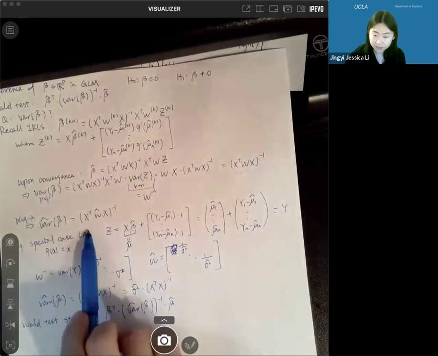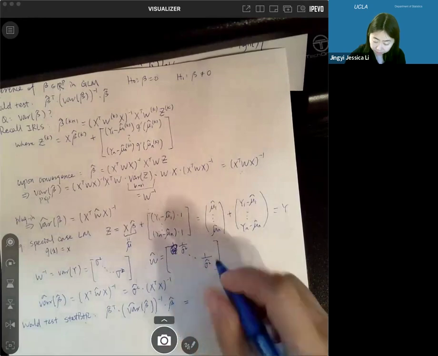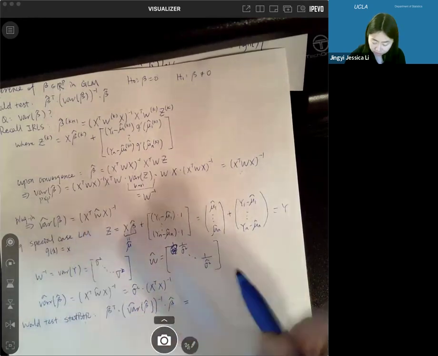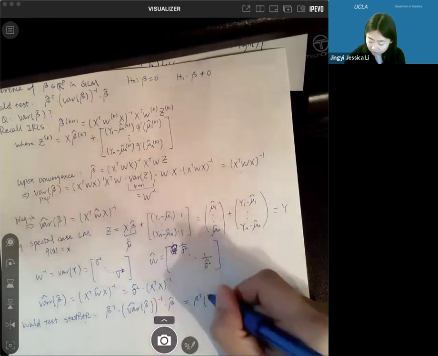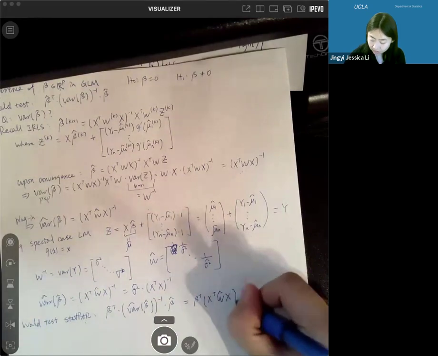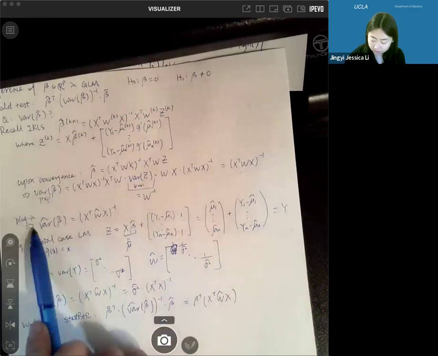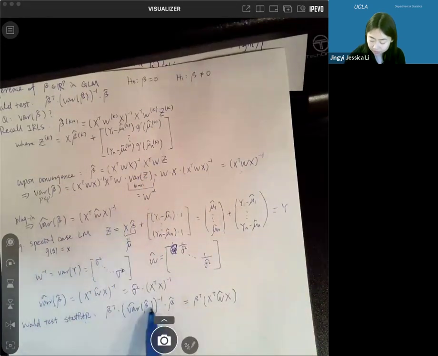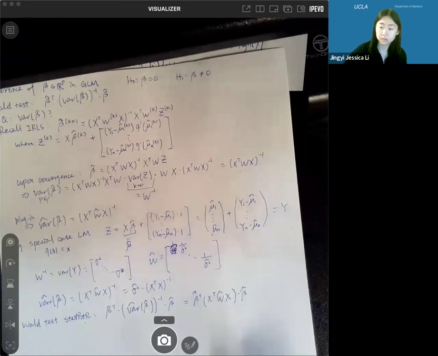And if we put it inside, it's basically this: beta hat transpose x transpose W hat x, the inverse, and this inverse gets canceled, right? Because here we have the inverse of the variance, so then the inverse is gone, times beta hat. That's it.